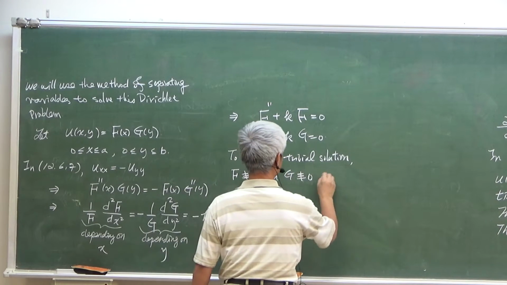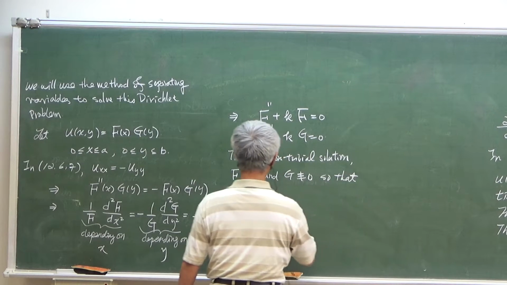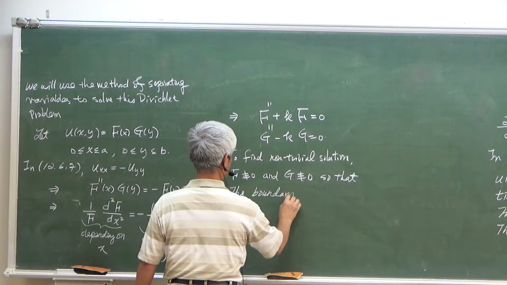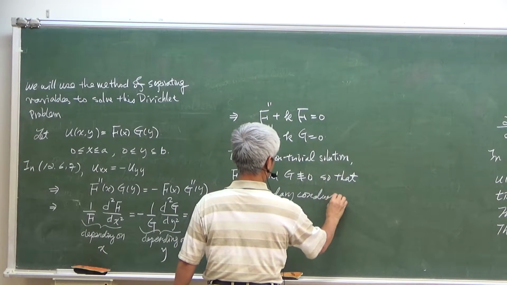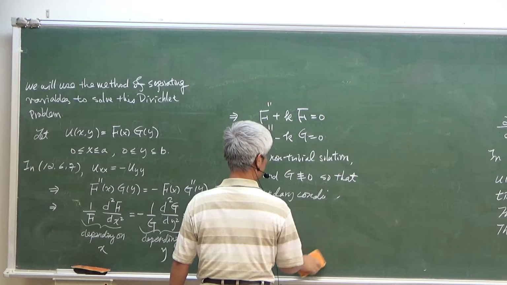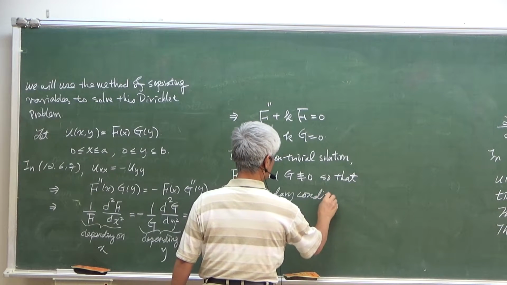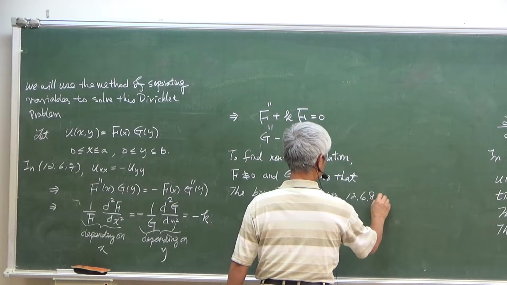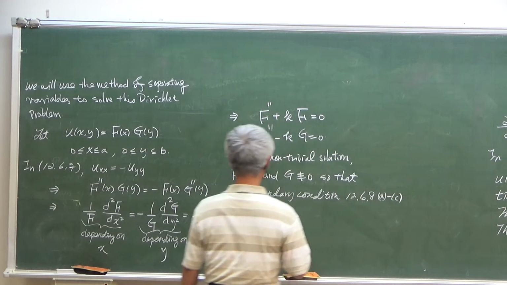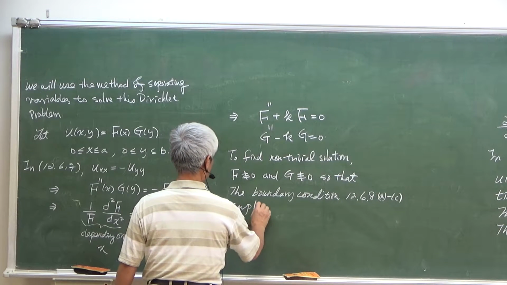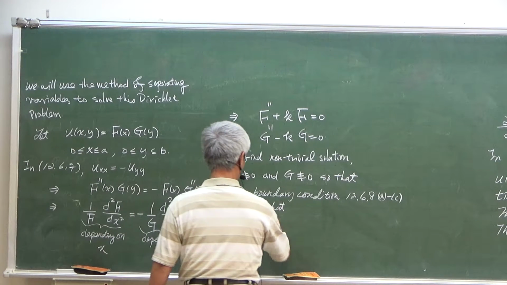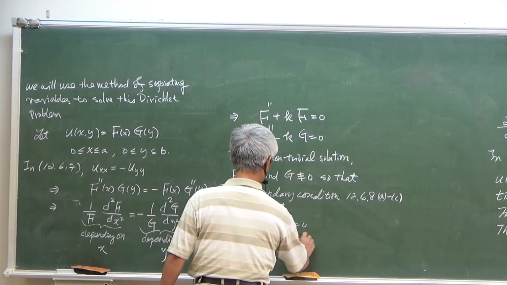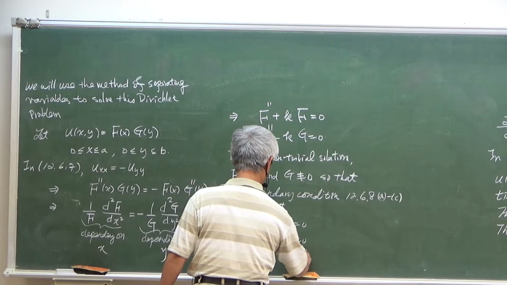Okay, so the boundary conditions imply that f(0) equals 0, f(a) equals 0, and g(0) equals 0.